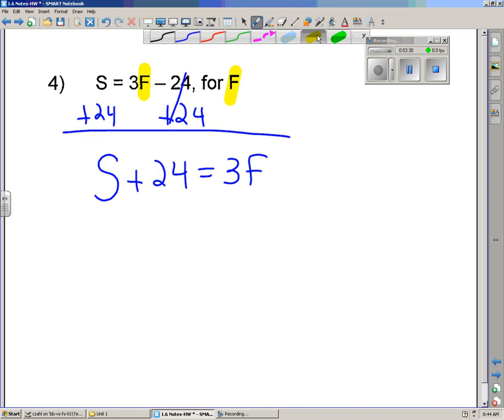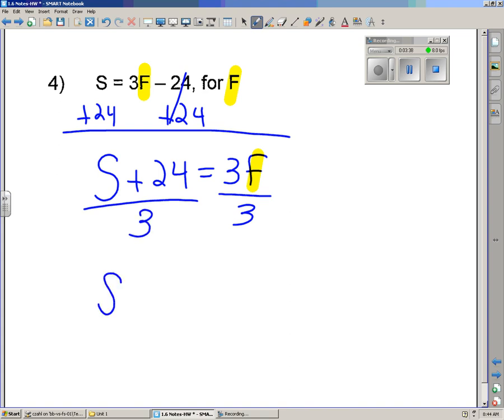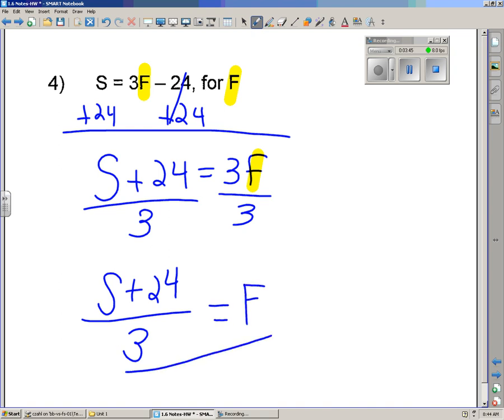We need to get f all alone. F is being multiplied by a 3. You're going to divide both sides by a 3. And your answer is one big fraction, s plus 24 divided by 3. You may stop it right there. If you realize that you can actually simplify 24 and 3, you can do that.